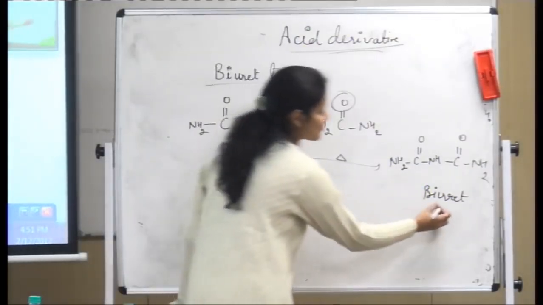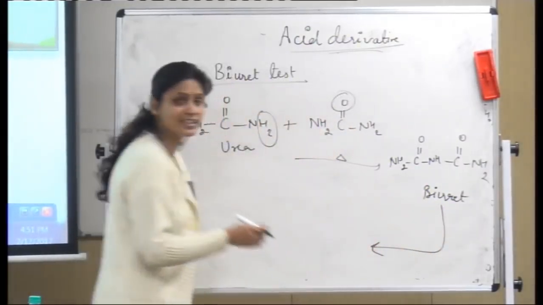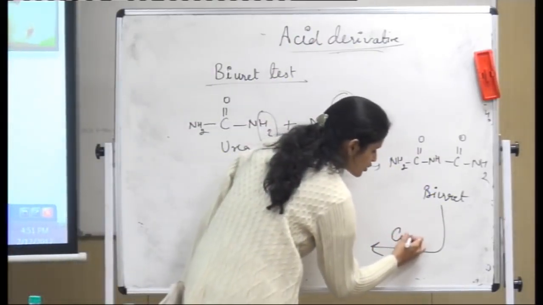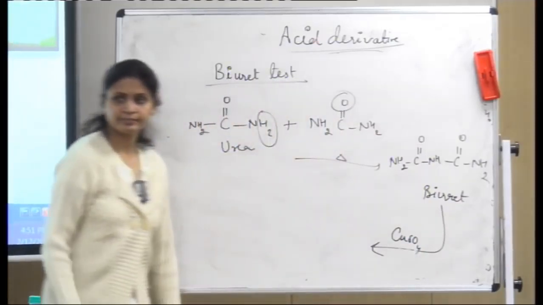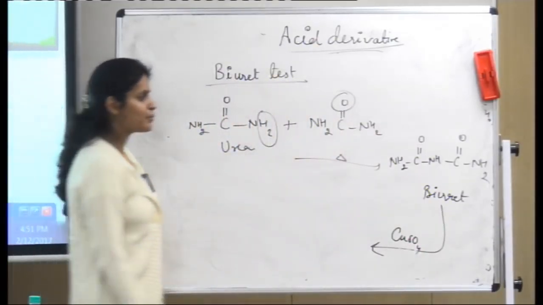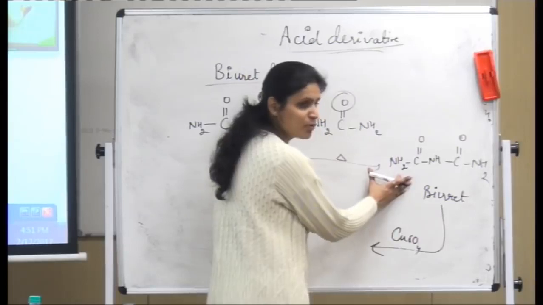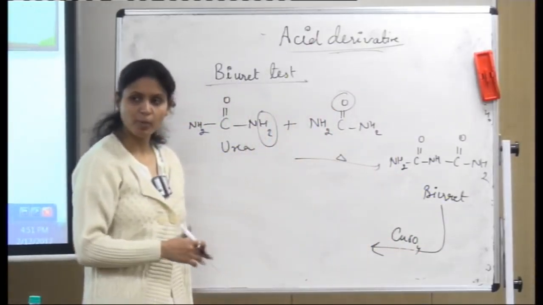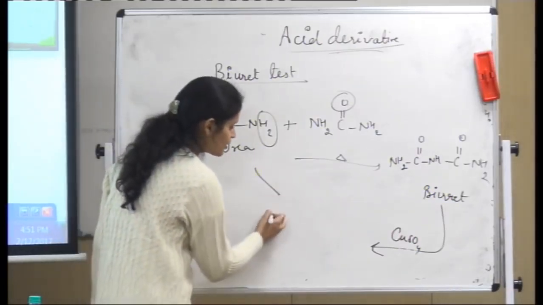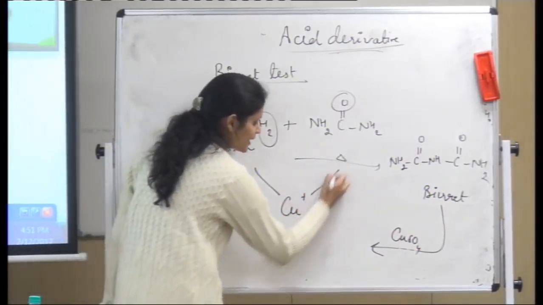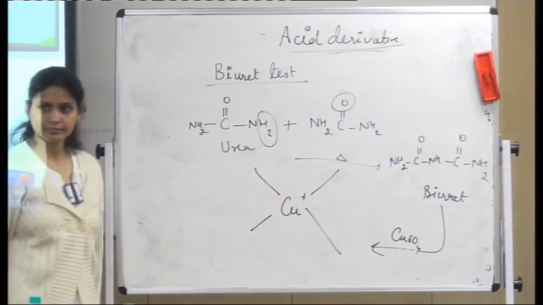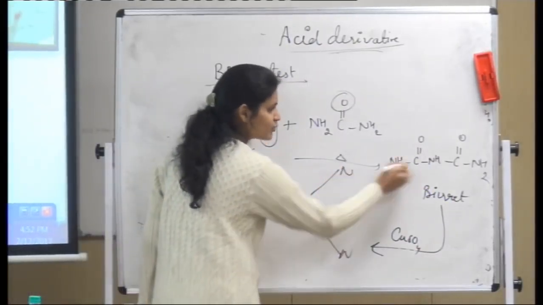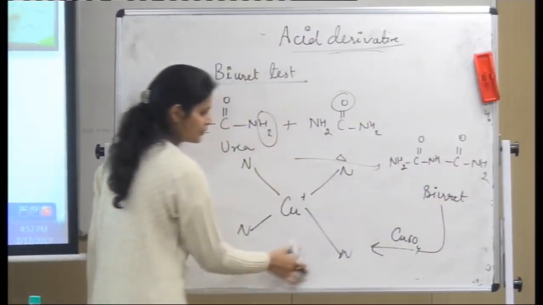What happens if I want to know whether the given compound is urea or not? I'll take an alkaline solution of copper sulfate. What will happen? This biuret molecule will interact with the metal ion of copper sulfate to form a complex. Like this is ammonia, N of this, and you can draw this whole moiety here, right?